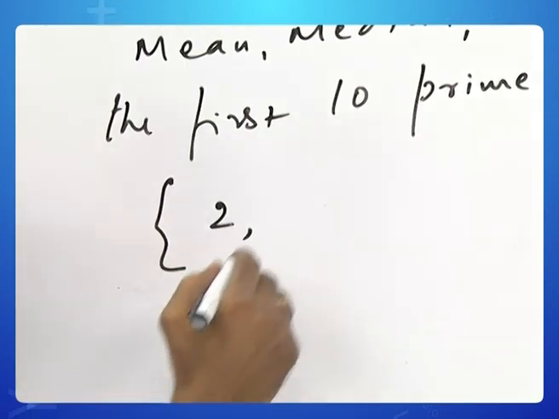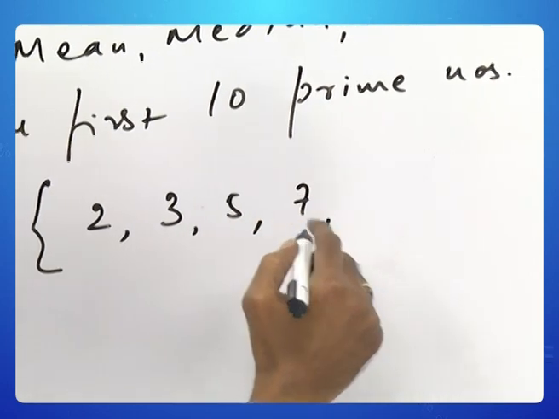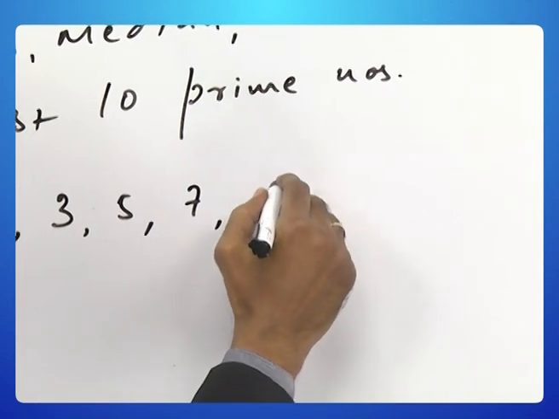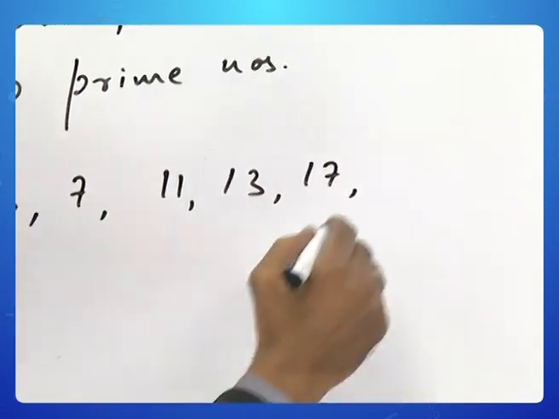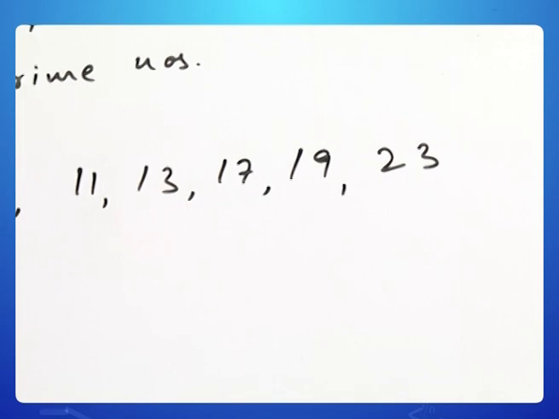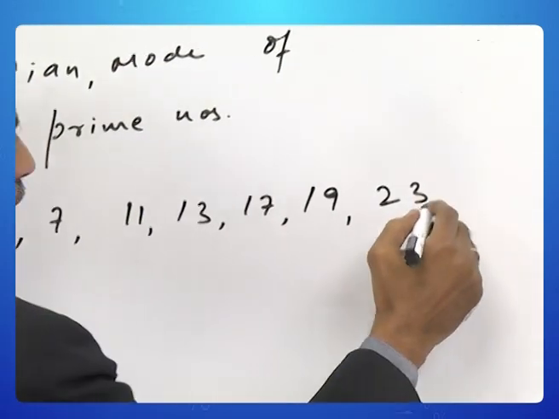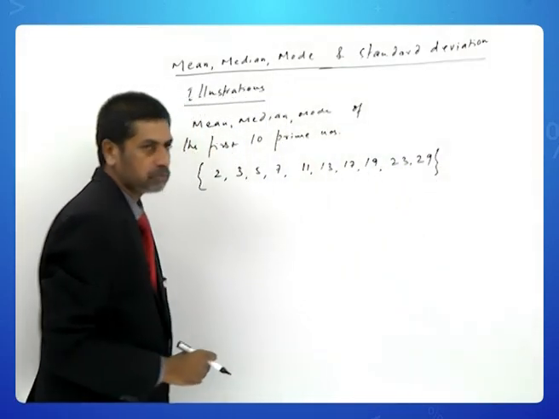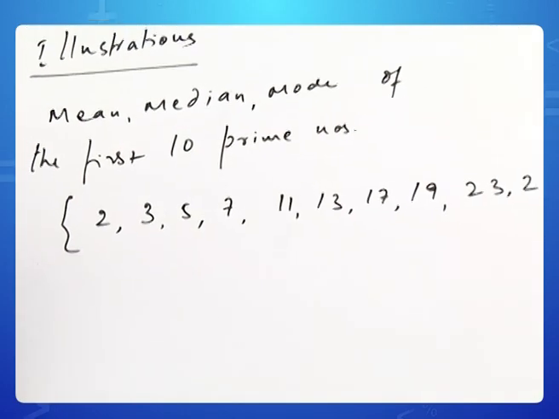The smallest prime is 2, 3, 5, 7, then 9 and 10 are composite numbers, 11, 13, 17, 19, 23. Let us count how many are over, 1, 2, 3, 4, 5, 6, 7, 8, 9, and one more, I think it should be 29. So, these are the first 10 prime numbers.